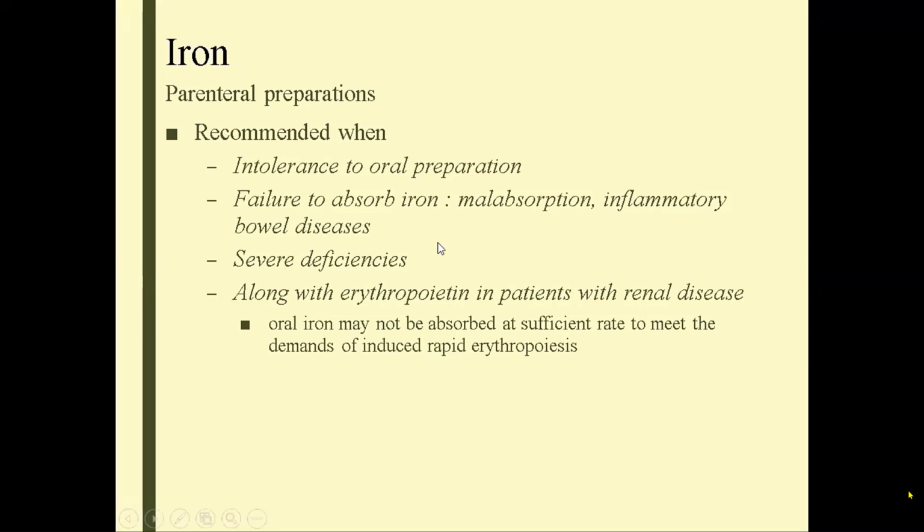Or failure to absorb iron in conditions like malabsorption, inflammatory bowel diseases, where there is no benefit, it's not a good idea to give the drug orally. And in very severe deficiency, this is a very obvious thing, right? Severe or emergency conditions are always an indication for parenteral preparations, isn't it? And lastly, along with erythropoietin in patients with renal disease.